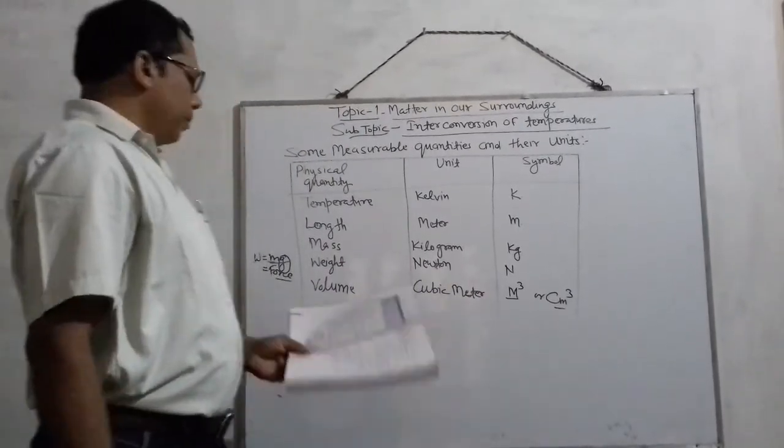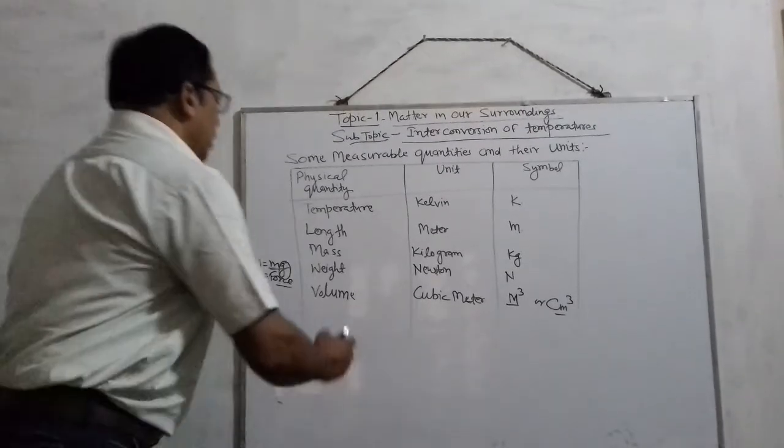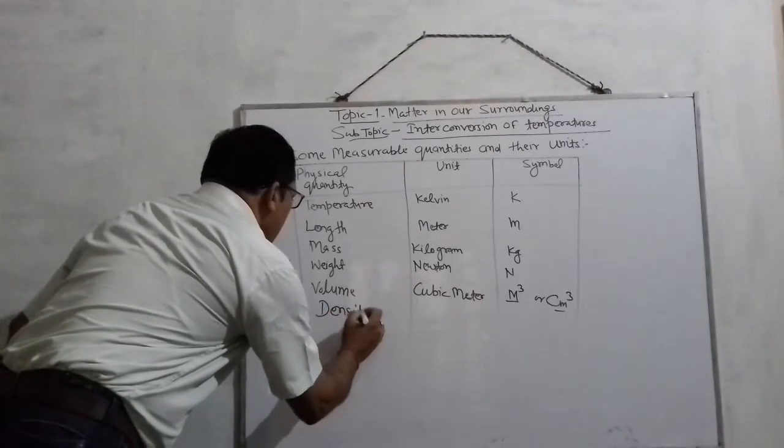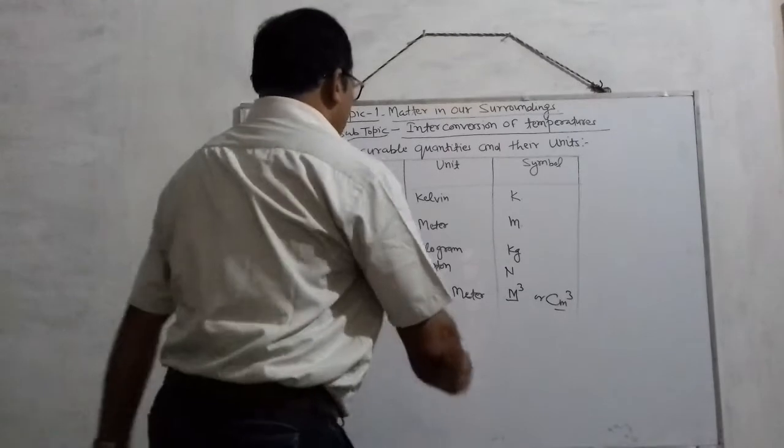Okay, children? Next quantity is density, and the unit of density is kilogram per cubic meter.